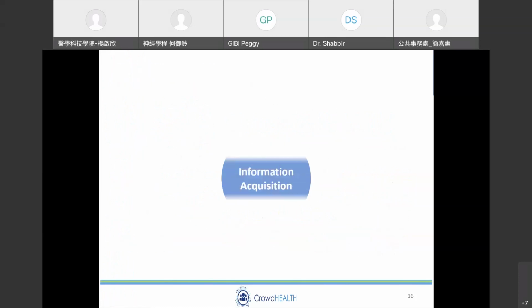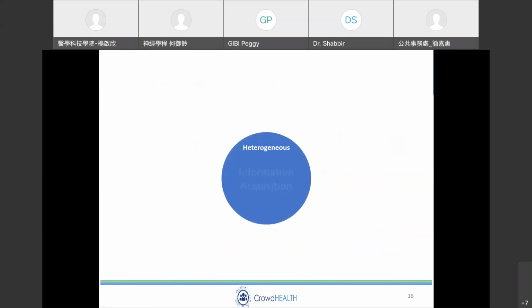So we just wanted to provide a snapshot of how it happens, information acquisition, because health data is so heterogeneous. Heterogeneous in the sense we get it from various sources in various formats. Some can be numbers, some can be alphabets, some can be text, some can be images, some can be sounds. So there is a lot of heterogeneity in the data and various data sources.